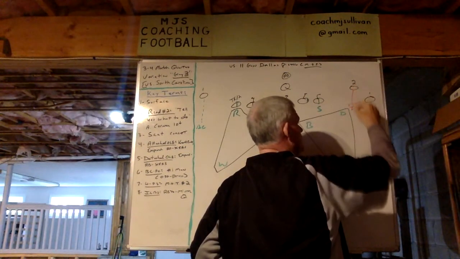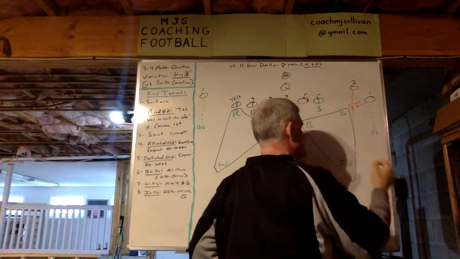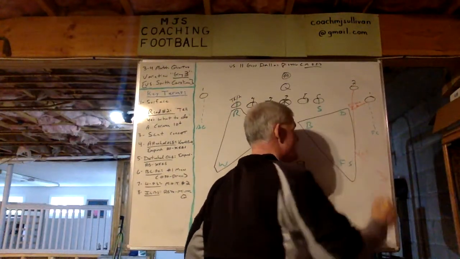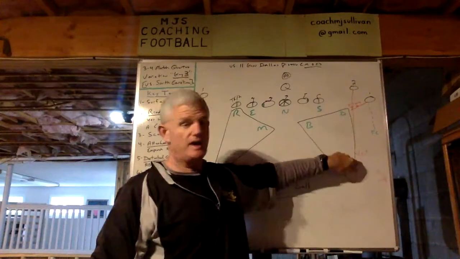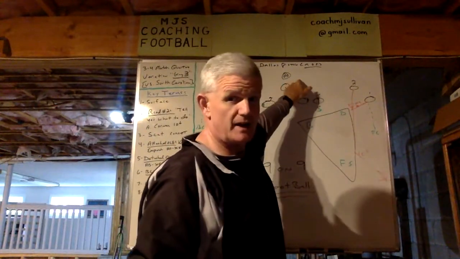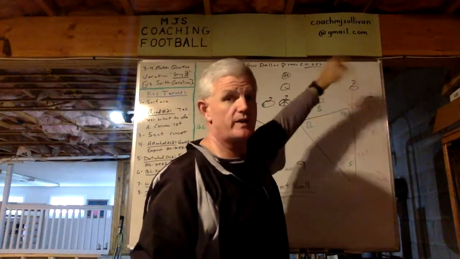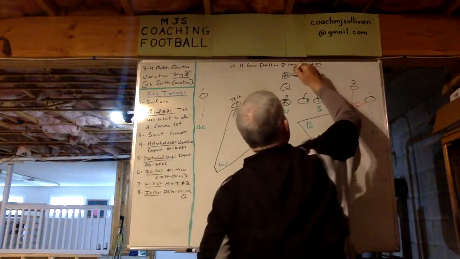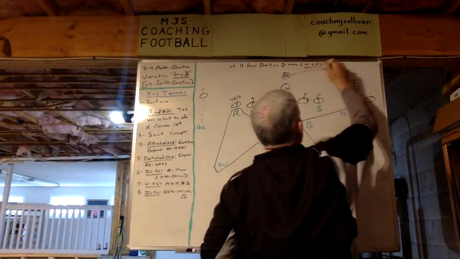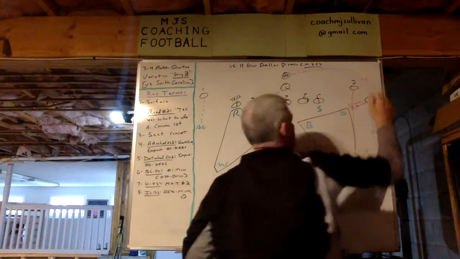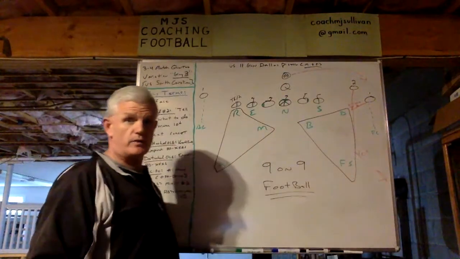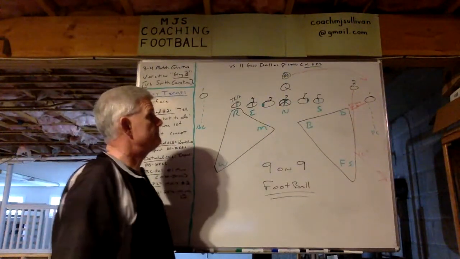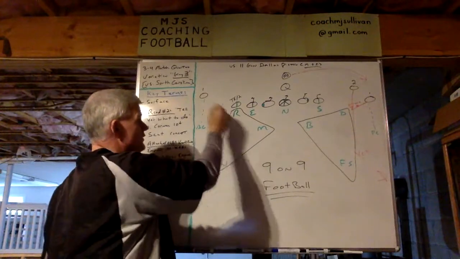Number 2 runs that corner route, again, breaking at 10 plus. And see, now the running back in this case, or if it's a 3x1, number 3, is running the flare route. Okay? So see what I mean over here?